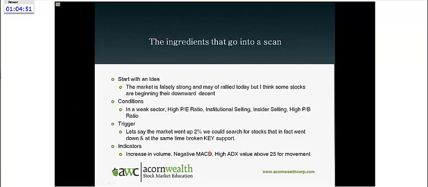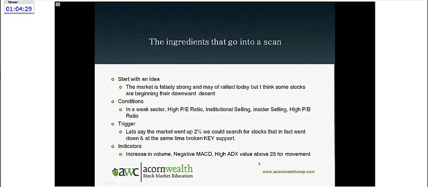And then we get into the indicators that help us with the timing. Now we know what type of story we're looking for, so we can go to the indicators and know what questions to ask. We might look for an increase in volume as the stock drops, and a negative momentum indicator, such as a MACD.